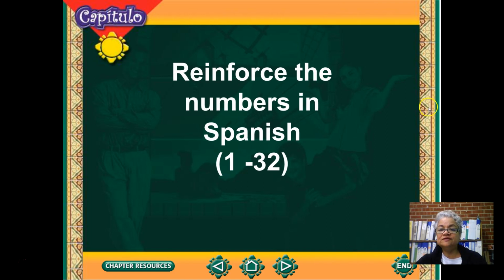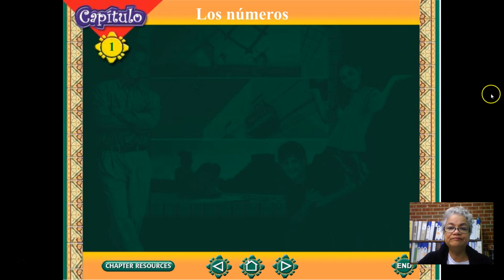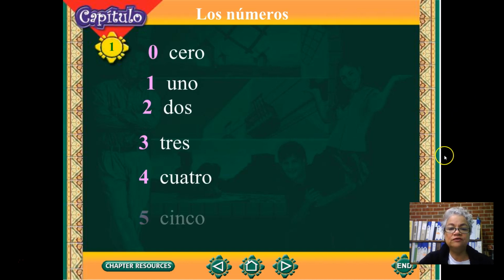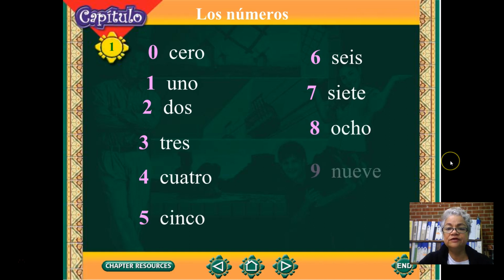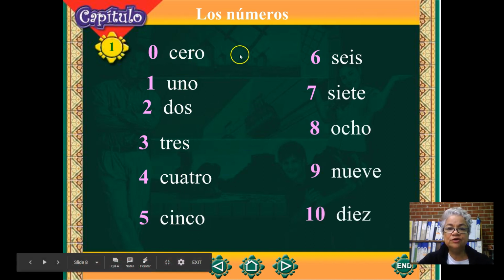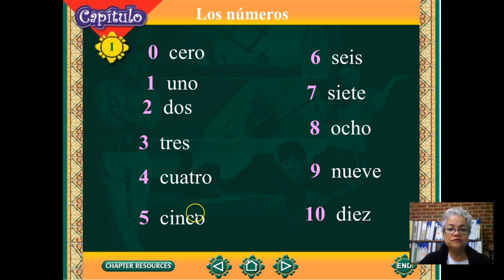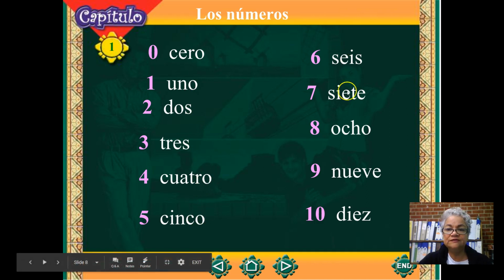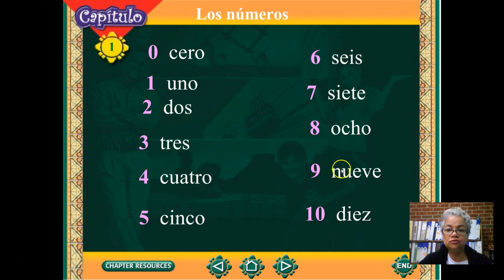Now we're going to reinforce some numbers in Spanish, 1 through 32. We've gone over at least the first 10 together, so you should know how to pronounce them. So I'm going to go over them quickly. It's 0, 1, 2, 3, 4, 5, 6, 7, 8, 9, 10.